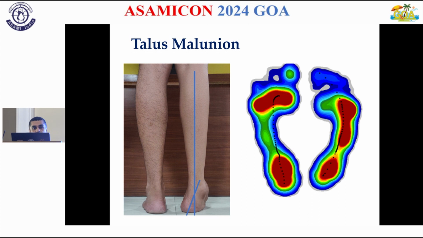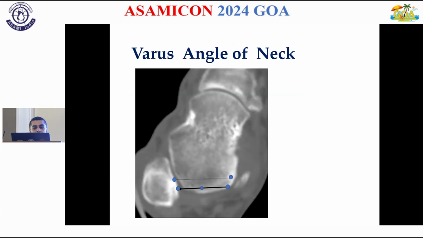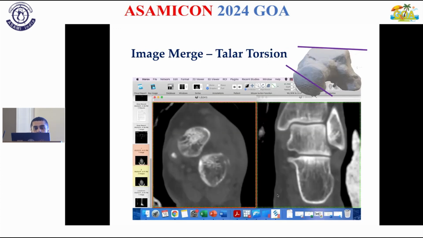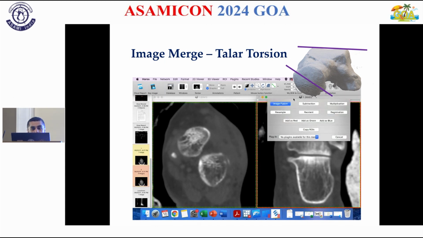So this is a case of a talar neck malunion where everybody thinks that the main deformity is a varus deformity. There was a varus deformity as well. But what about the torsional element? Here we have the section from the talar body and the talar head, which are the two things. Horos has this module where you can pick up this image and drop it onto the next one.